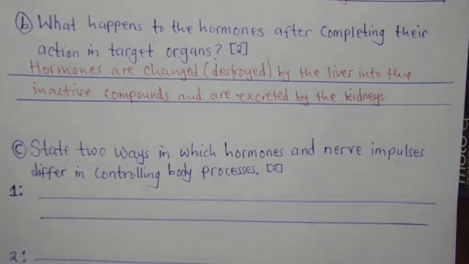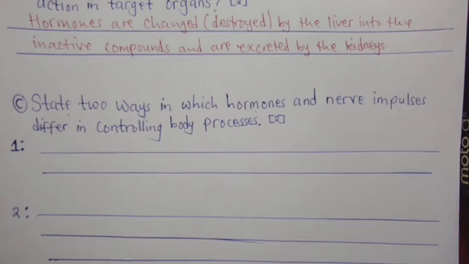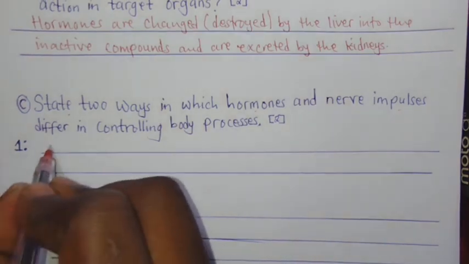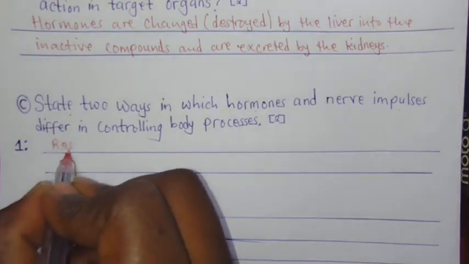So they want us to differentiate how hormones and nerve impulses differ in controlling body processes.